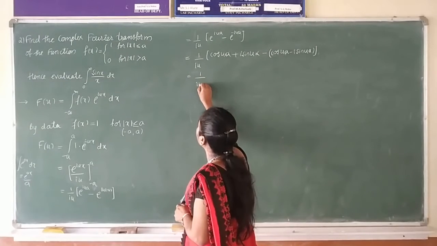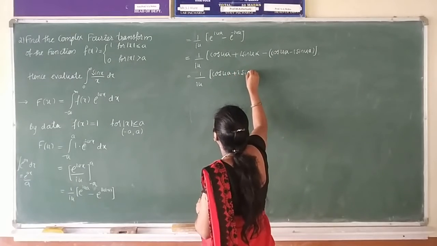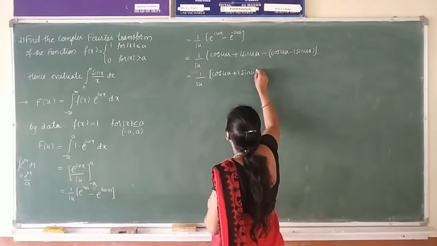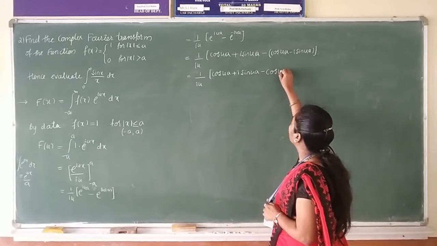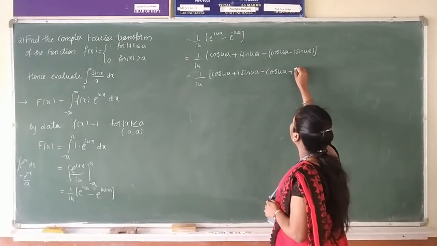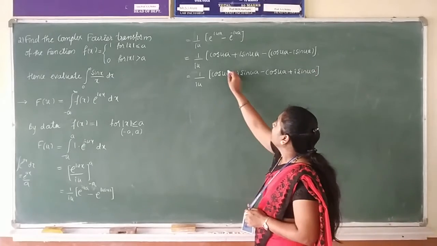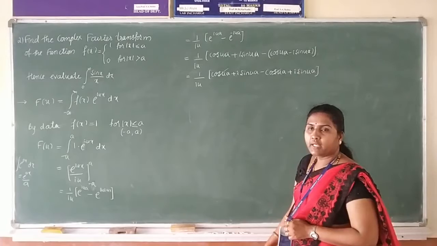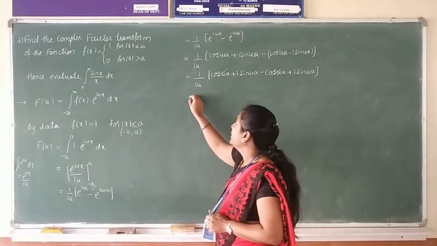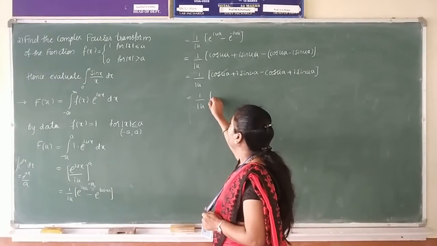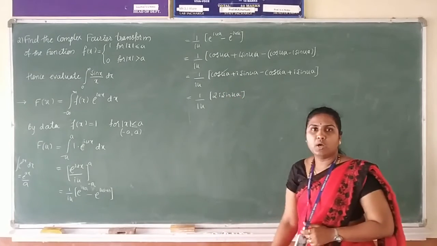Multiplying the minus into the bracket terms, we get minus cos ua plus i sin ua. Here cos ua minus cos ua cancels. We are left with i sin ua plus i sin ua, that equals 2i sin ua.